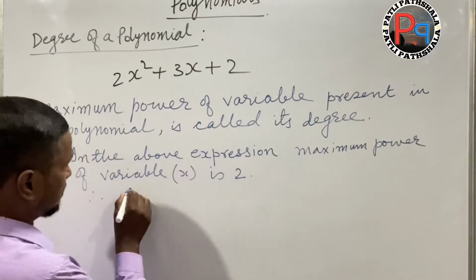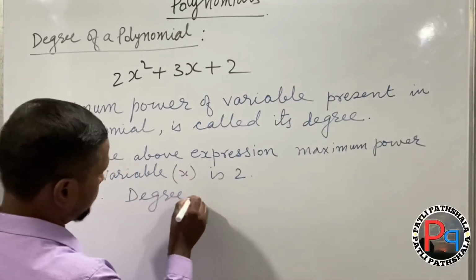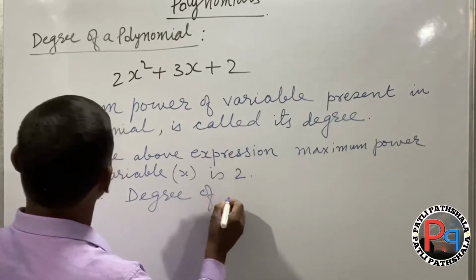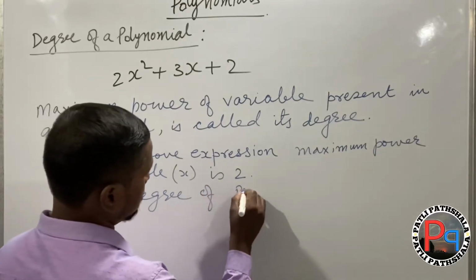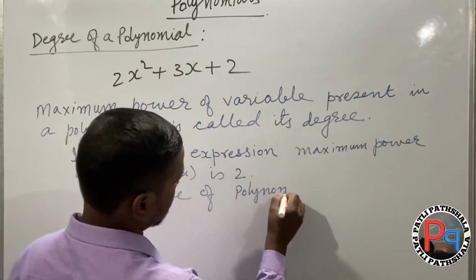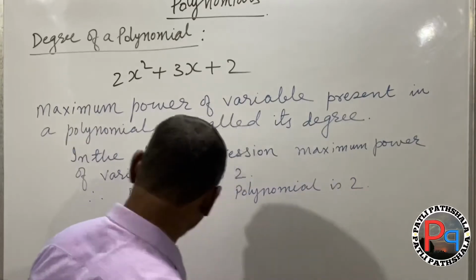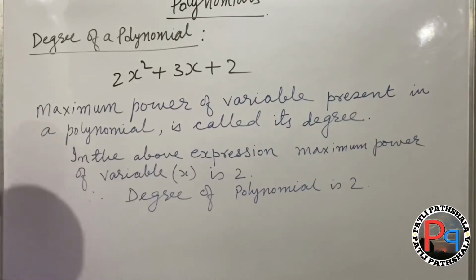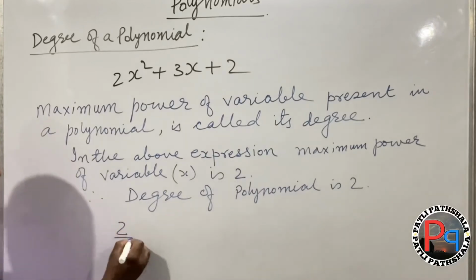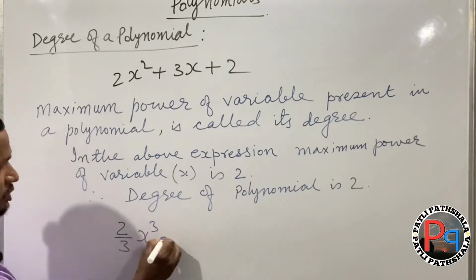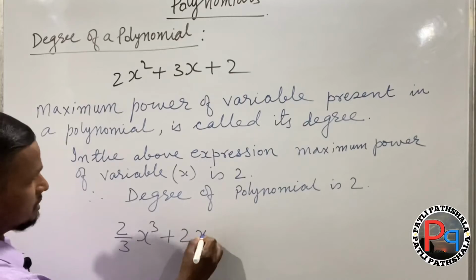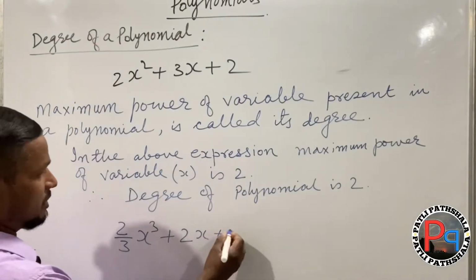Therefore the degree of the polynomial is 2. Similarly, suppose we have another polynomial, 2 by 3 x cube plus 2x plus 1.